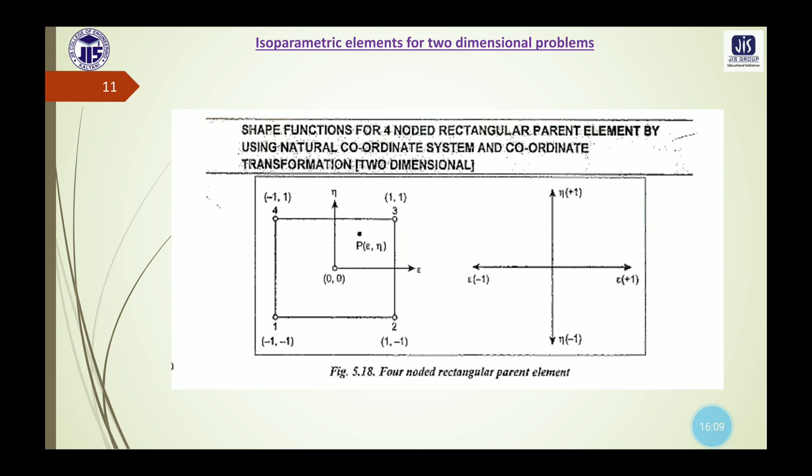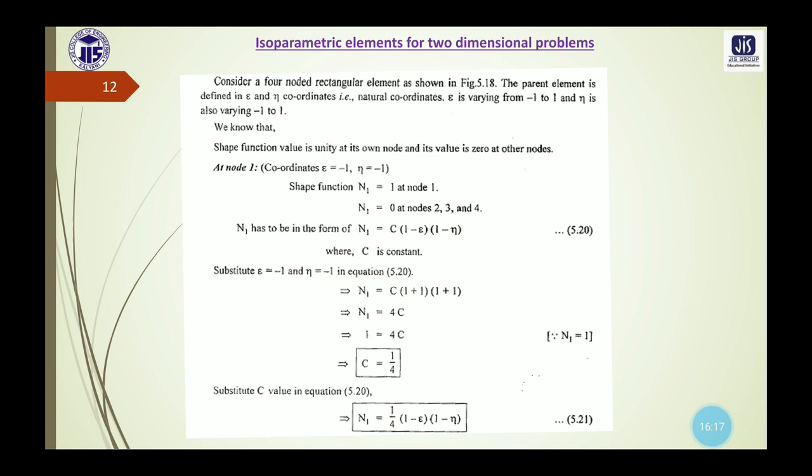It is shown here, and the coordinates for the 4 nodes of this rectangular element are also shown. We have considered the parent element defined in epsilon and eta coordinates, that is natural coordinates. Now epsilon is varying from -1 to 1 and eta is also varying from -1 to 1.